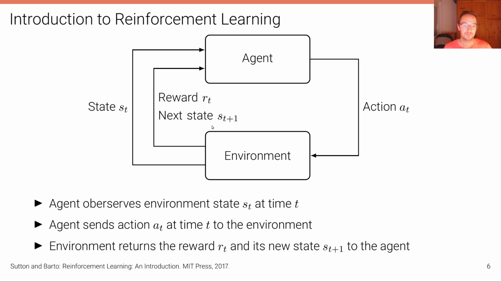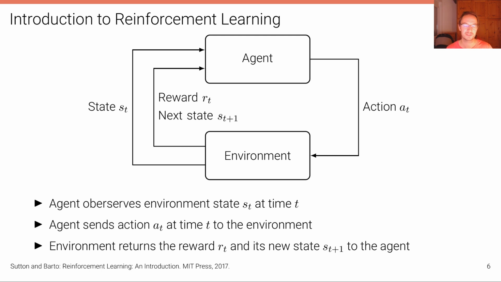And then the environment returns two things to the agent. It returns the reward, it computes a reward, it tells the agent how good that action was. For example, if the self-driving car has reached its goal, it tells the car this was good. Or if the car has run over a pedestrian, it tells the car this was not good. Or if it ran into a traffic light, it wasn't good.